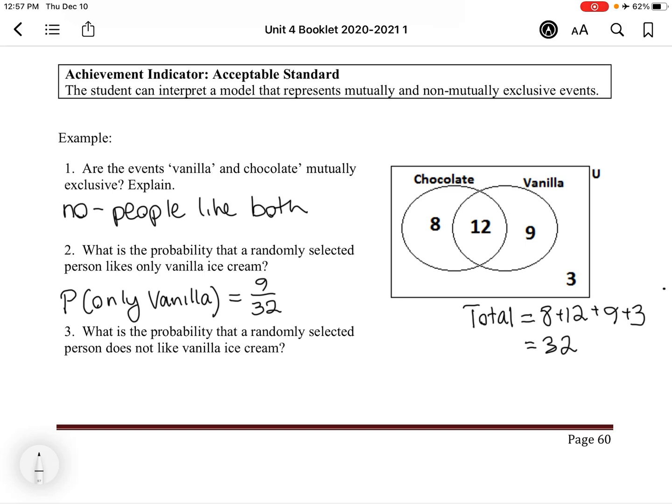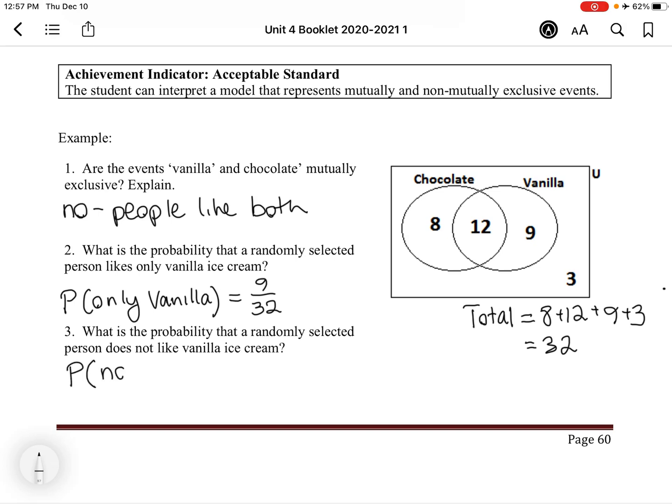What's the probability that a randomly selected person does not like vanilla ice cream? Well, not vanilla is everything outside of vanilla. So how many people do not like vanilla? That's the 8 people who only like chocolate, plus the 3 people who like nothing.